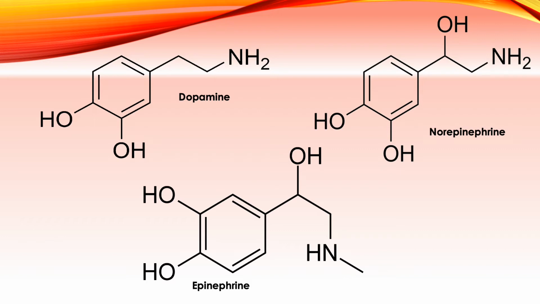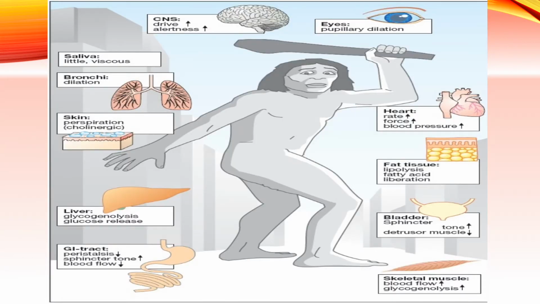They only differ in how they are arranged and what their attachments are in their ethyl bridge. So these are 3 naturally occurring catecholamines, which are also useful as therapeutic agents, or they also function as adrenergic agonists in the body.